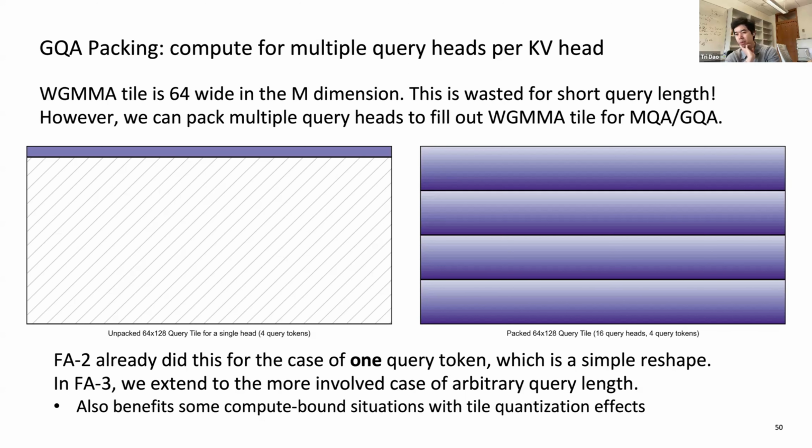I think FP4, some people might have done like 2 bits and so on. Yeah, that seems sensible, and that can probably be combined with other techniques like sparsity. You're going to drop some tokens, or you're going to have multiple layers sharing the same KV cache and so on.